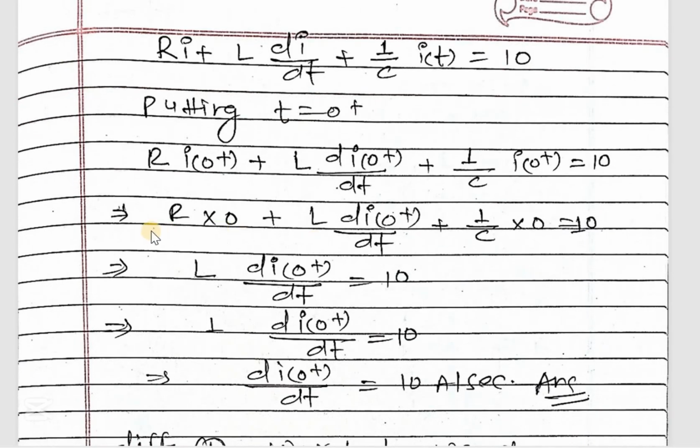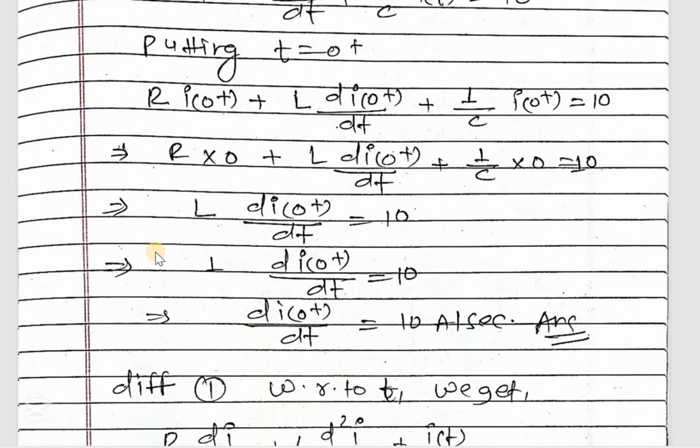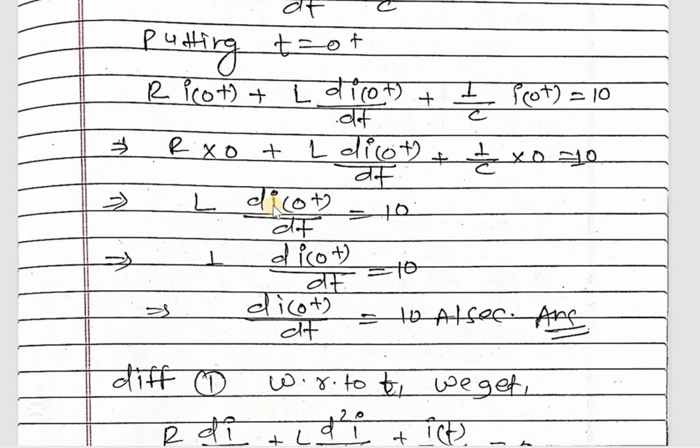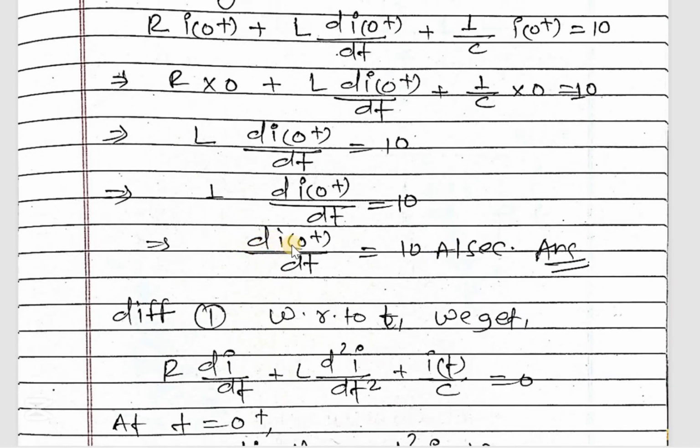Therefore R into 0 plus L di/dt plus 1 by C times 0 equal to 10. Therefore L di(0 plus)/dt equal to 10. The value of L is 1, already mentioned in the question. So di(0 plus)/dt equal to 10.